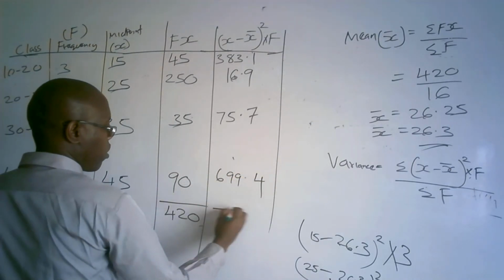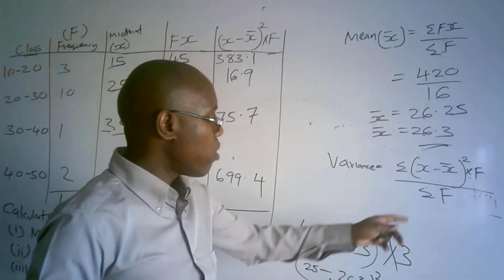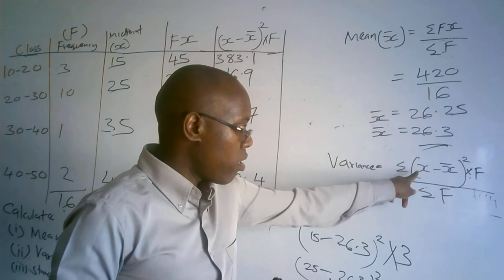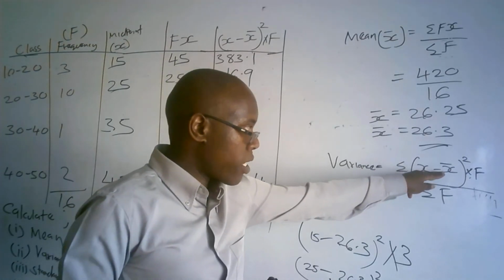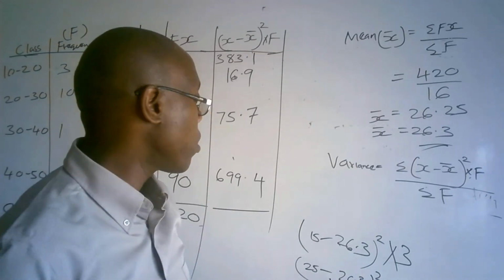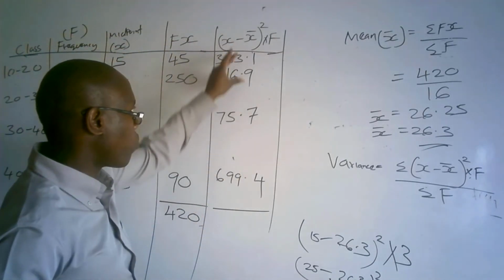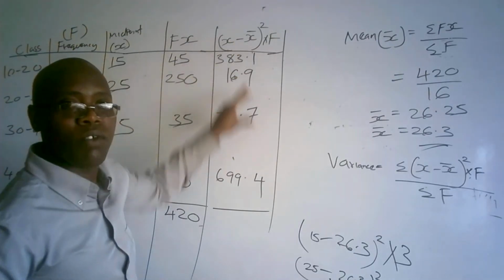So remember the way the formula was dictating that we should have the summation of x minus x bar squared and then multiplied by the frequency. So what I'm going to do is to sum them up. I'm going to sum these particular values here.